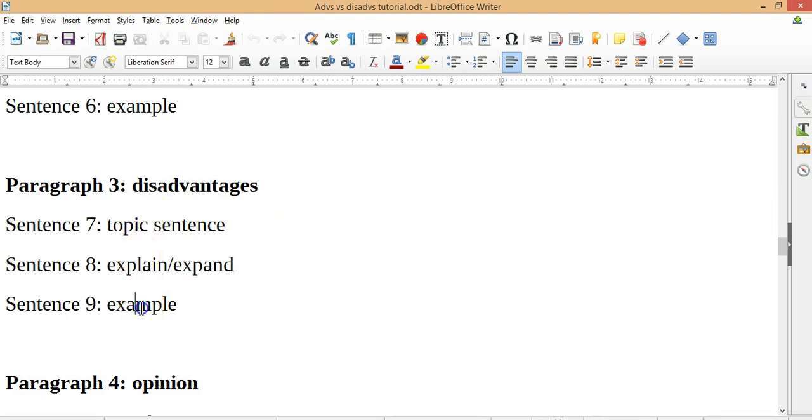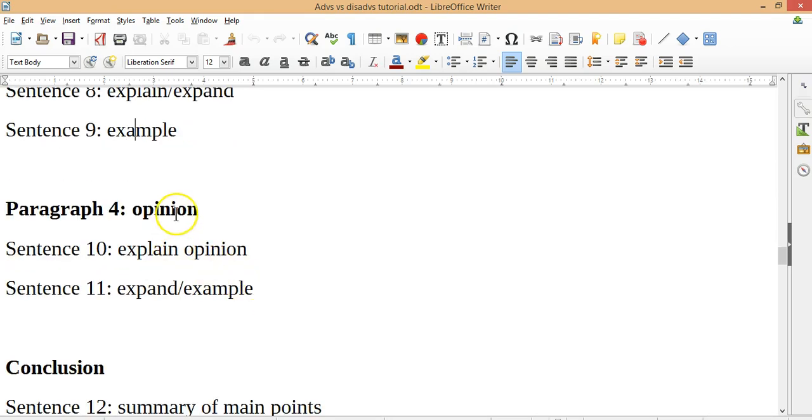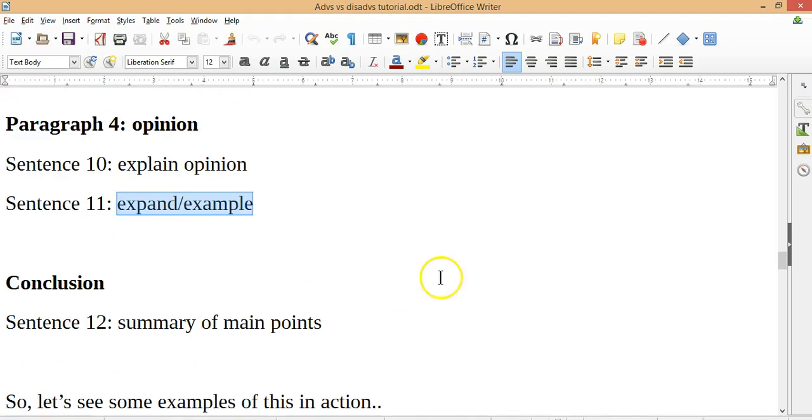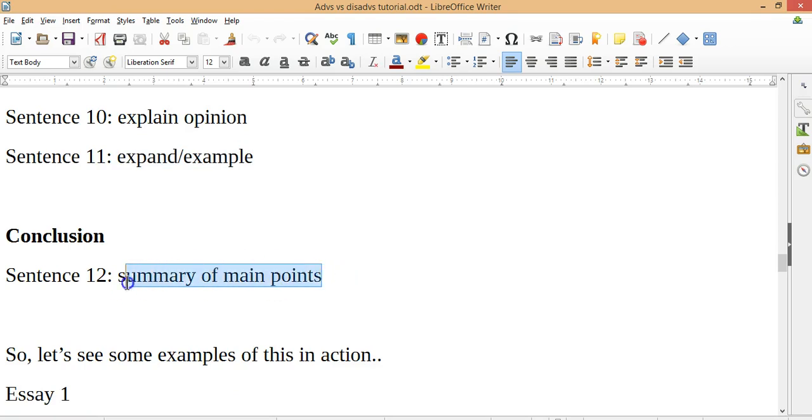Topic, explain, example. Then paragraph 4, what's the opinion, and give an example. Now, we will take a look at some examples in a moment to illustrate this point. And then conclusion, a summary. In conclusion, and so on.